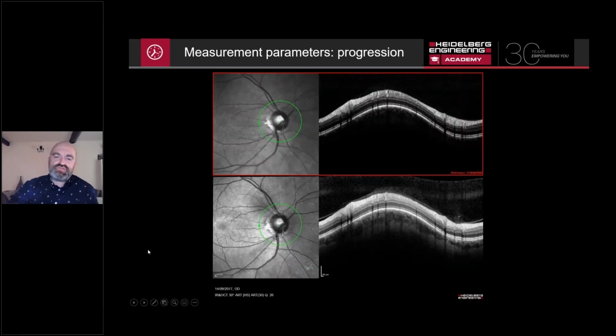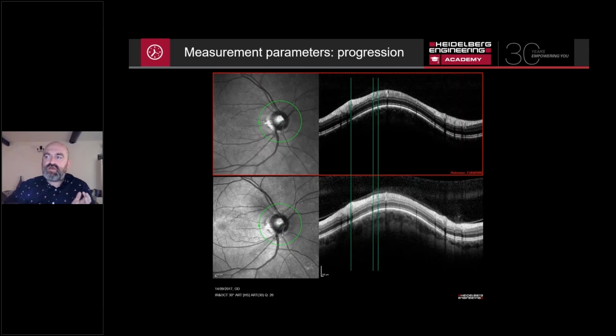When it comes to looking for change, that's really where OCT plays an extremely important role in assessing for glaucoma. And when it comes to progression analysis, that follow-up scan is absolutely essential with OCT imaging. A good way to look for repeatability is to look at our B scans next to each other, and we can do things like aligning the blood vessels.